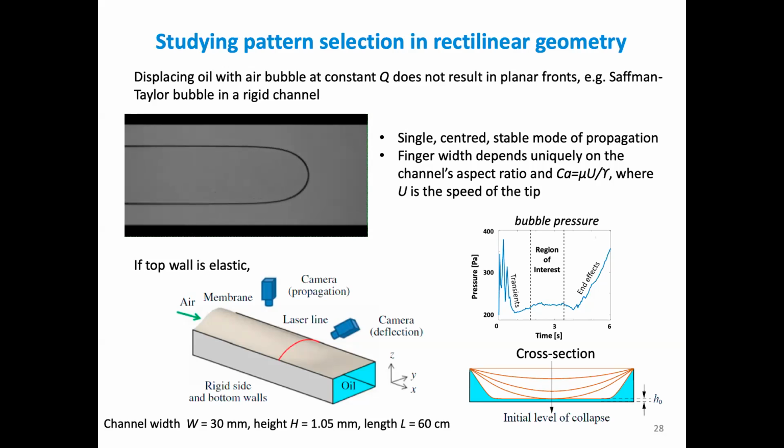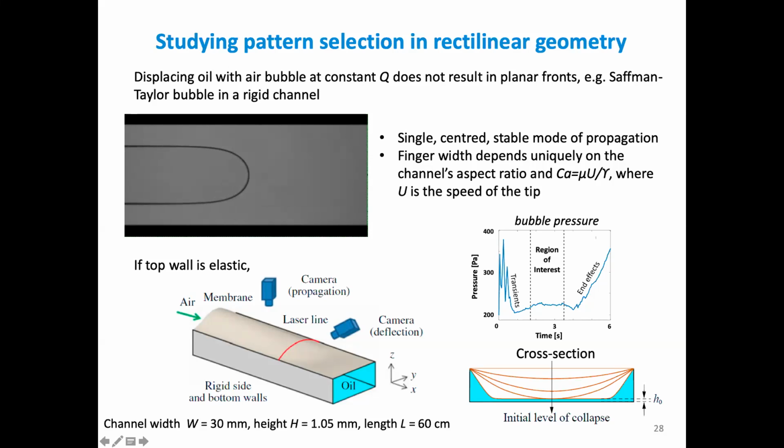That particular width and curvature are set by the channel aspect ratio and the capillary number. So if you have that configuration, there is no hope to study our stubby viscous fingering, but at least you have a steady propagation of the front.